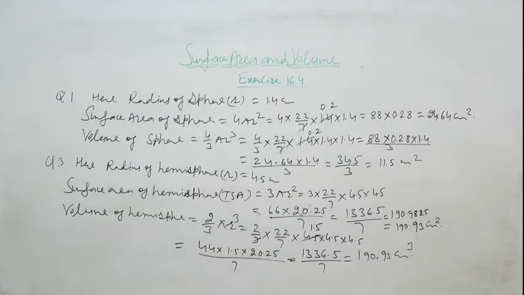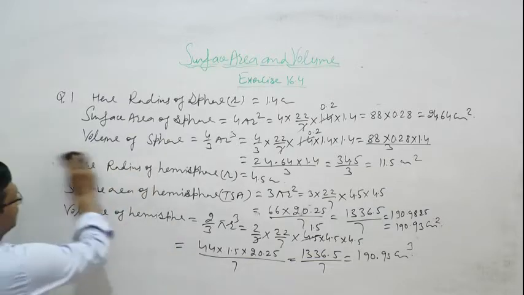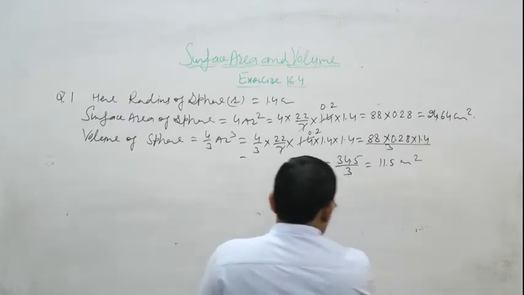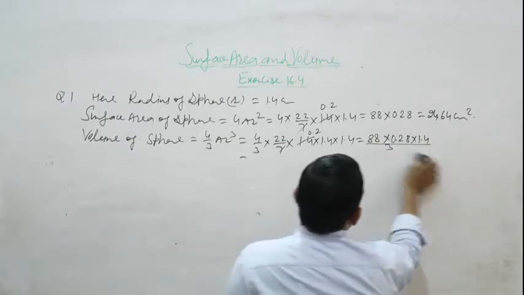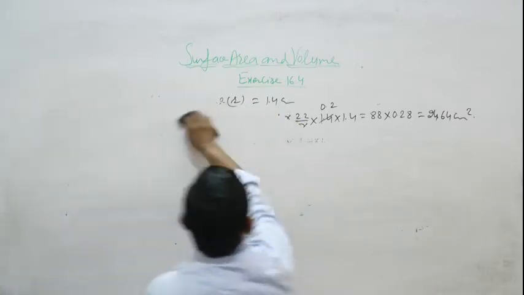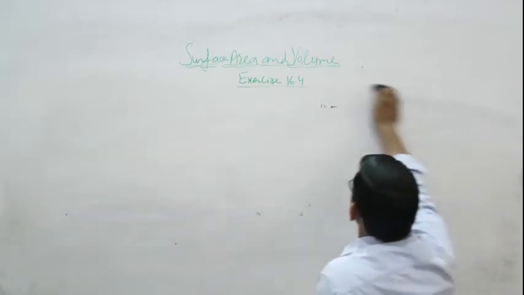So the values of the surface area and volume of the hemisphere are both the same.